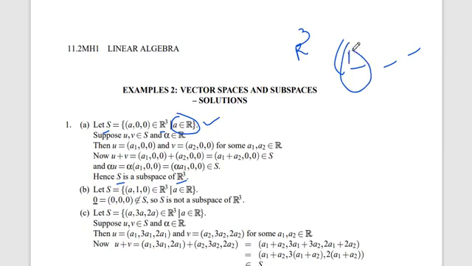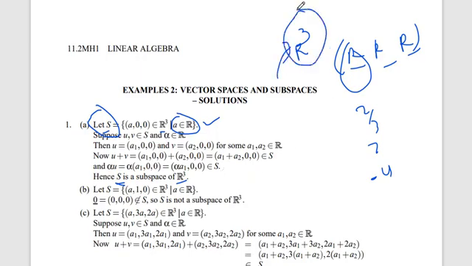Here R means any real number, you can say 2 by 3, 2, 4, minus 4. So we have to find out if this S is a subspace of R cube or not. R cube is a bigger vector space.